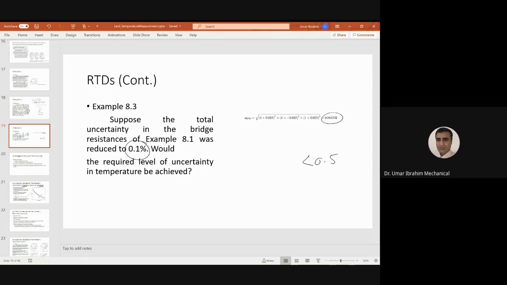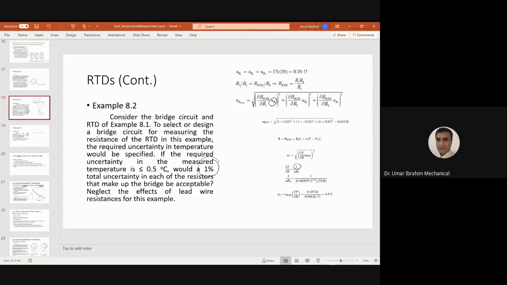Oh, this is the uncertainty in the RTD. Okay, so we have to do further calculations, but I think if we use the 0.1% value in this example, we do meet the uncertainty in temperature condition.